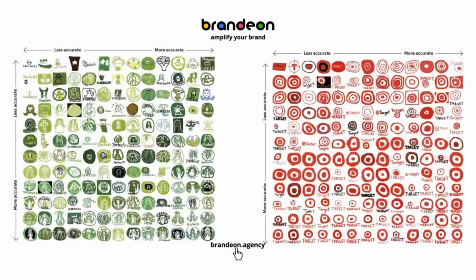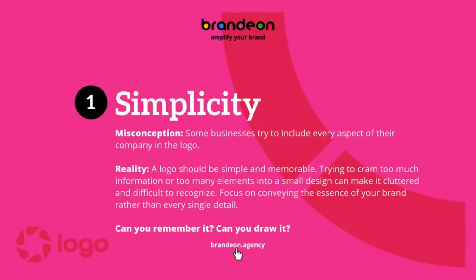Yeah. So just to recap what you just talked about, the misconception is some businesses try to include every aspect of their company in the logo. And in reality, the logo should be simple and memorable. Trying to cram too much information or too many elements in a small design can make it cluttered and difficult to recognize. So focus on conveying the essence of your brand rather than every single detail.